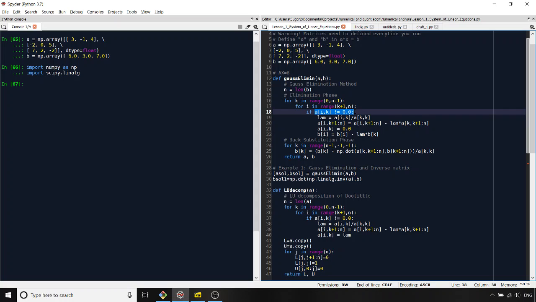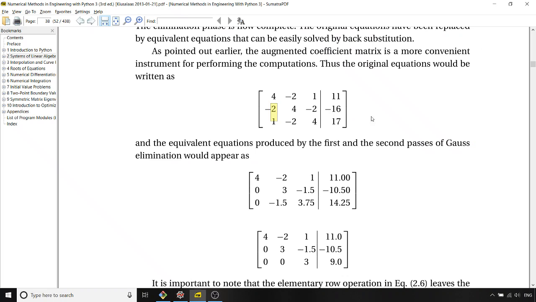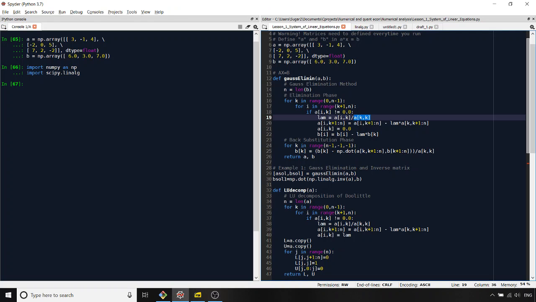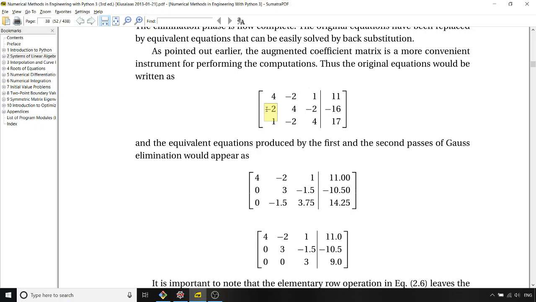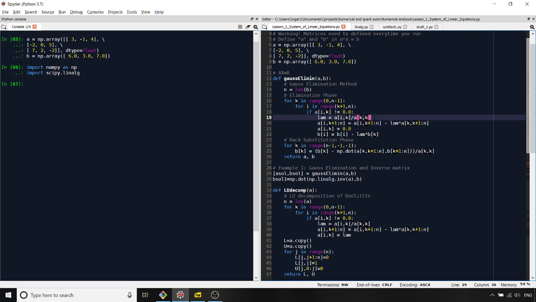What kind of operation is that? First, this k is, as you know, 0, so first column and first row element, which is 4, and the element in the second row and first column, this element. We divide this element by this, and we get a multiplier.